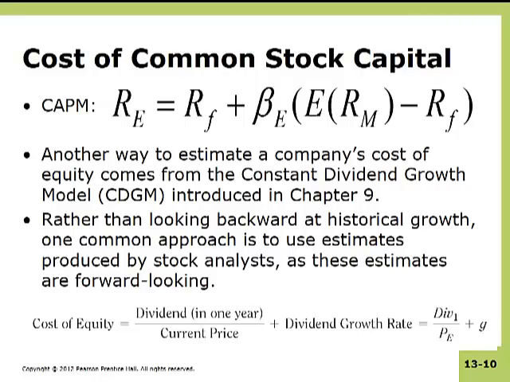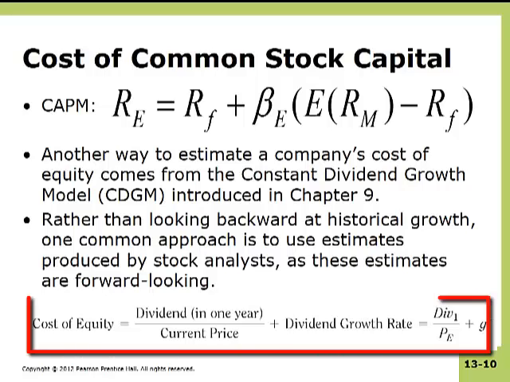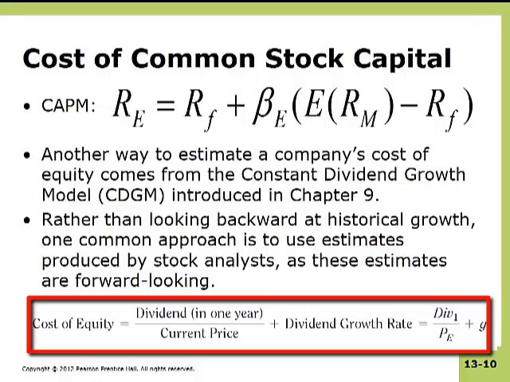So the cost of equity, rearranging the dividend growth model, equals the dividend in period 1, in 1 year, divided by the current price of the stock today, plus the growth rate. It's D1 divided by the price of the stock today plus the growth rate.